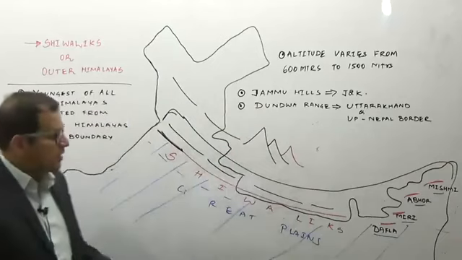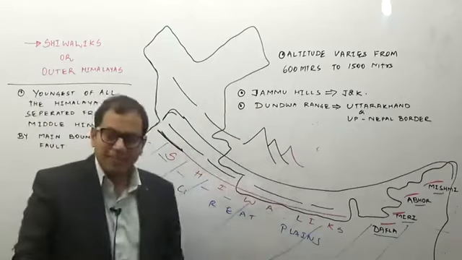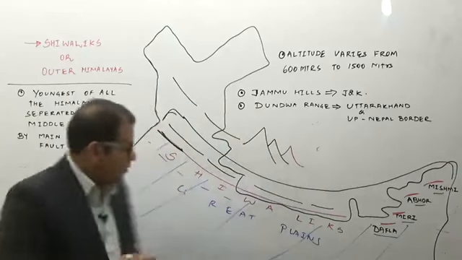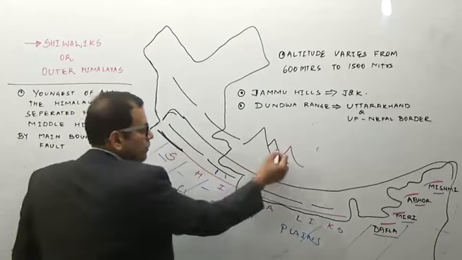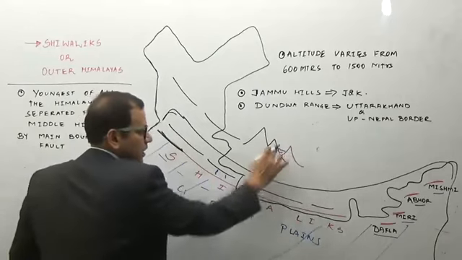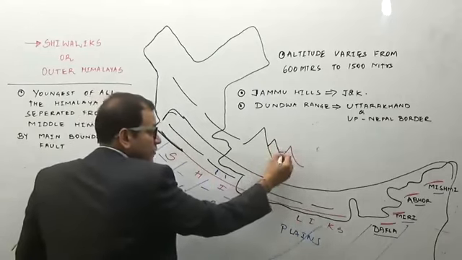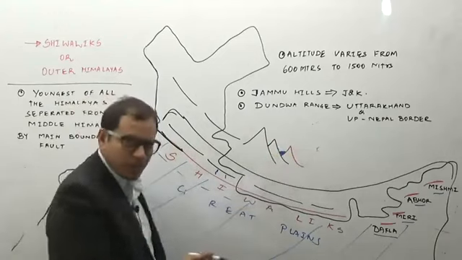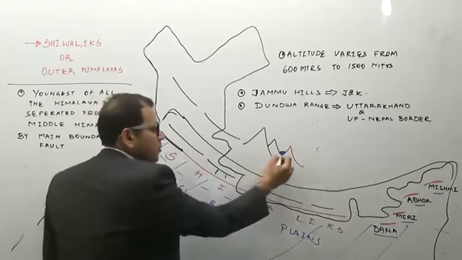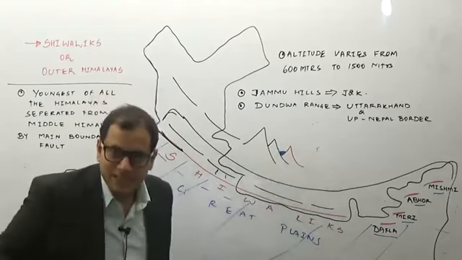So the numerous rivers which were originating from the Middle Himalayas got obstructed due to the coming up of Shivaliks. The flow of these rivers got obstructed, similar to the Pir Panjal ranges. The Shivaliks also obstructed the flow of rivers, resulting in the formation of temporary lakes in this region.